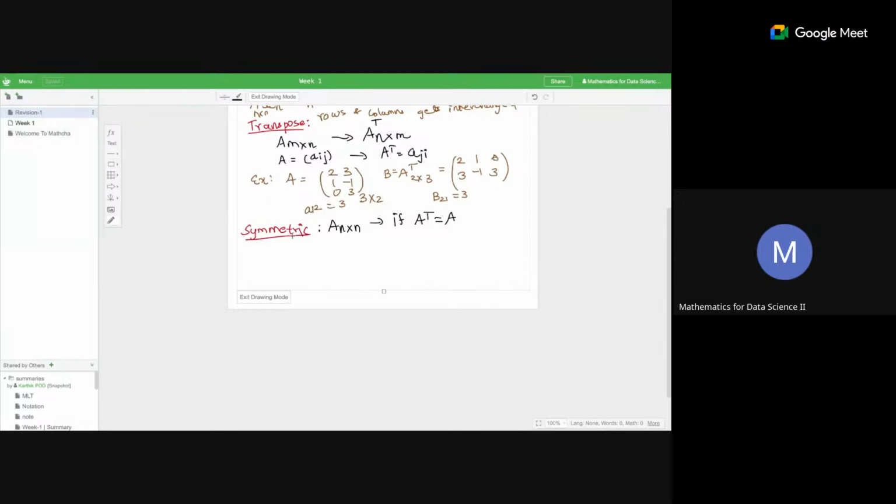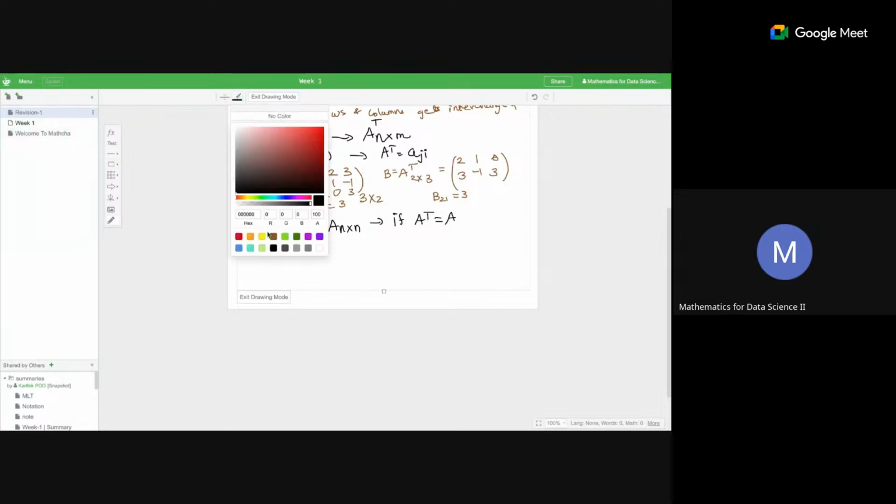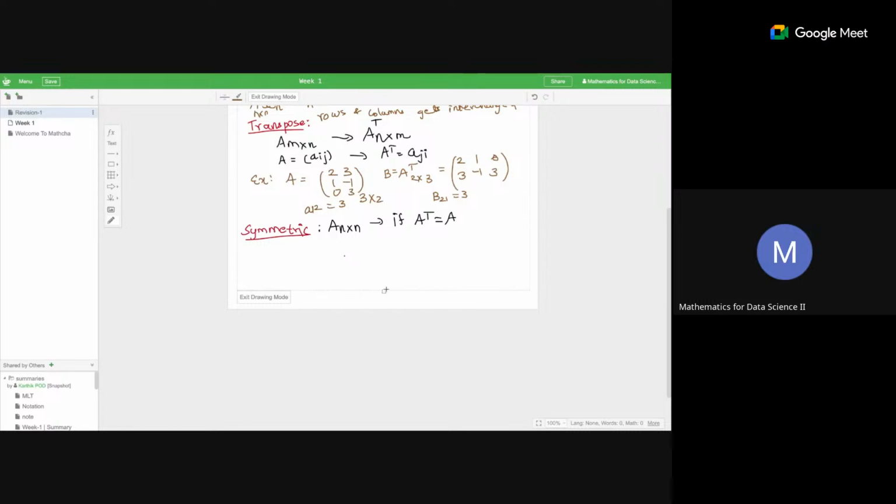So for example, let us start with a 2 by 2 matrix. A is equal to 2, -1, -1, 5. Now what is A transpose? Can you tell me? You have to write the rows as columns here: 2, -1, -1, 5.